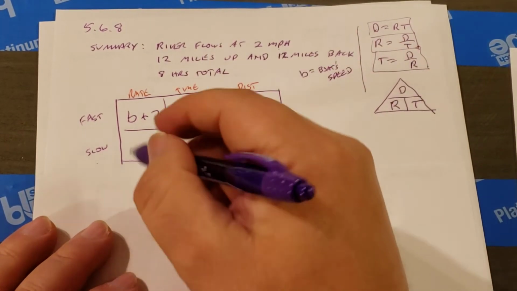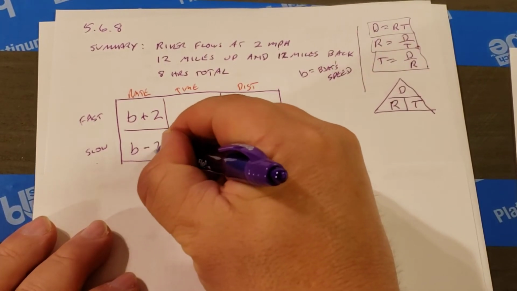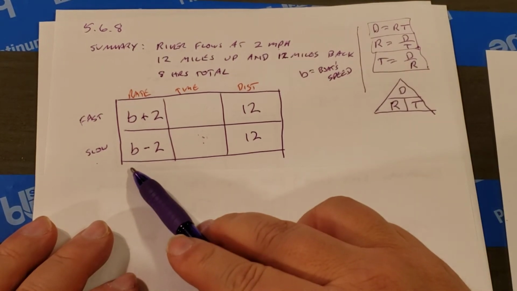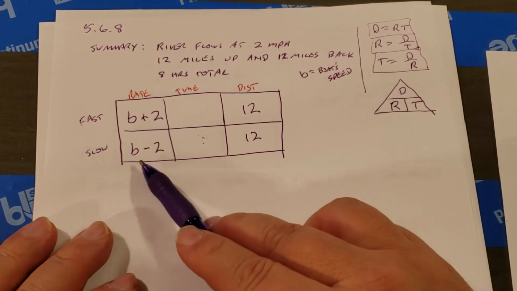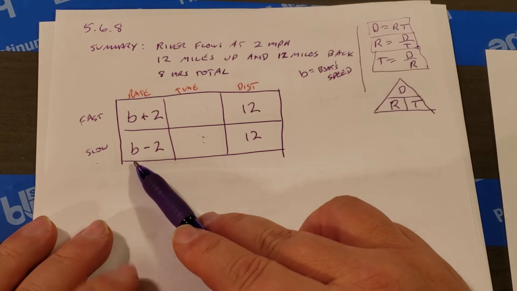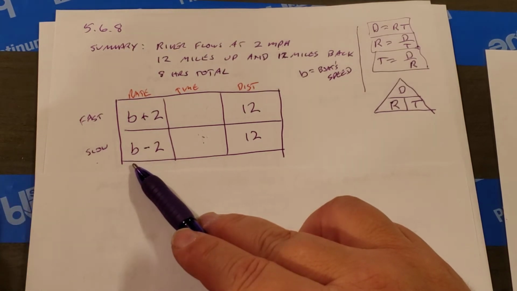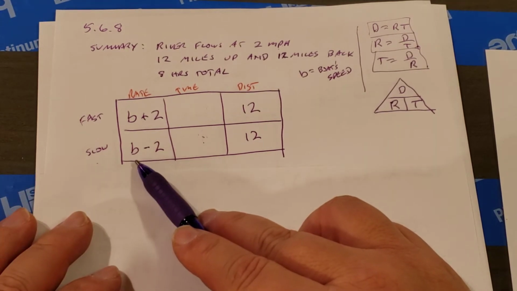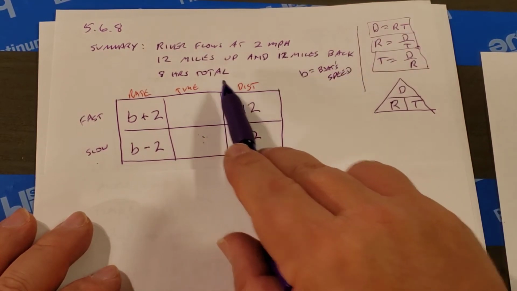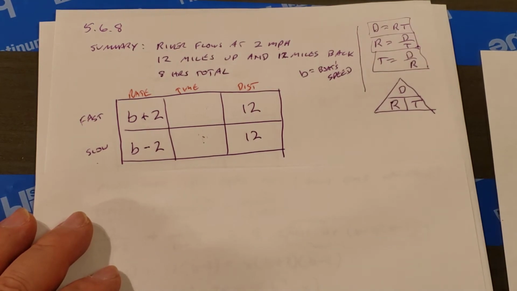And the slow one is going to be the boat speed minus 2. And by the way, it's very important to understand the boat is going faster than the river, so make sure you subtract big minus small. It wouldn't be right to say 2 minus the boat speed. We're assuming the boat's going faster than the river. Otherwise, he wouldn't get anywhere. He did make it back. So we have that.